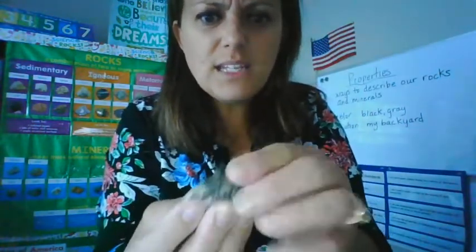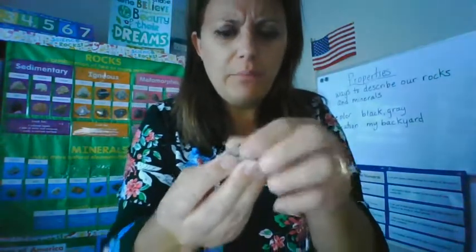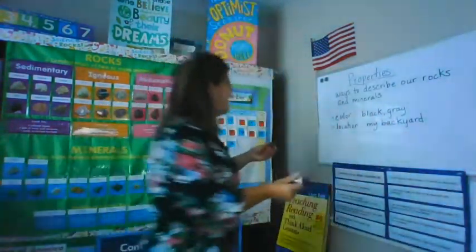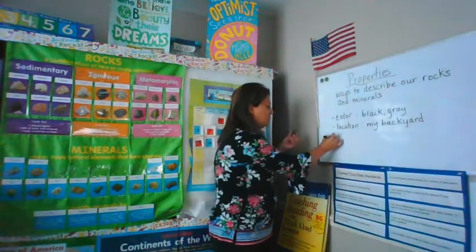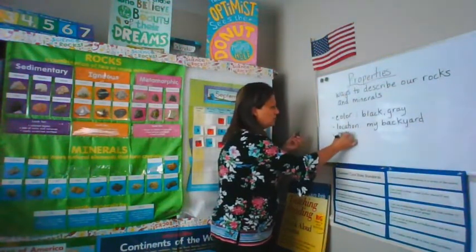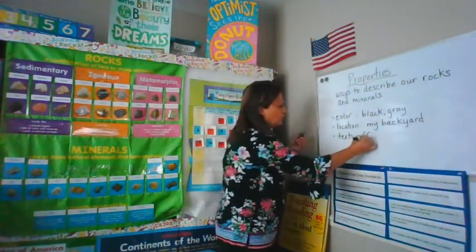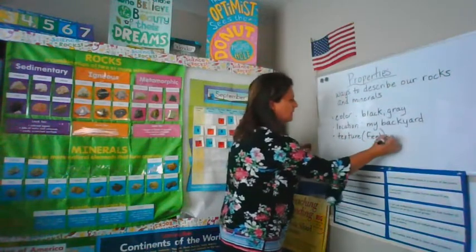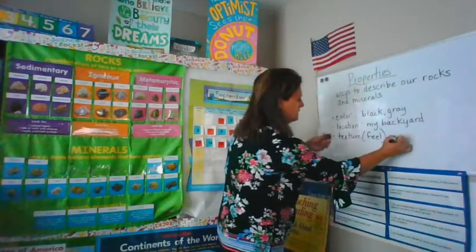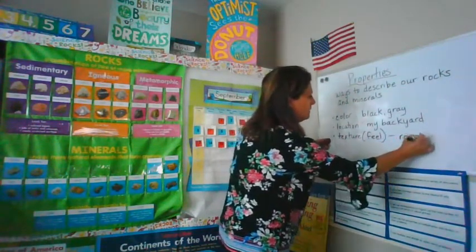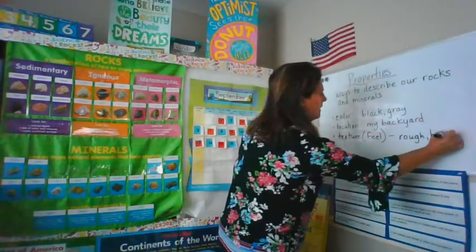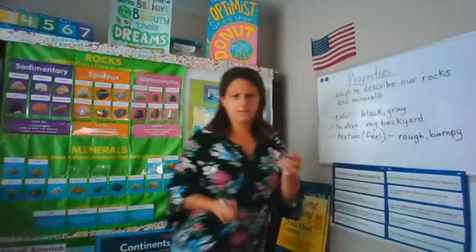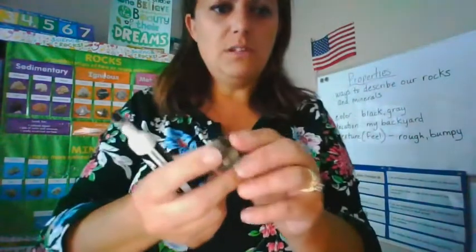And when I touch it, ooh, it's really, really rough and bumpy. So the feel of it, which is what we call the texture, is that it is rough and bumpy.